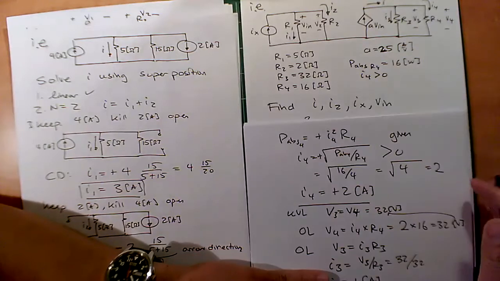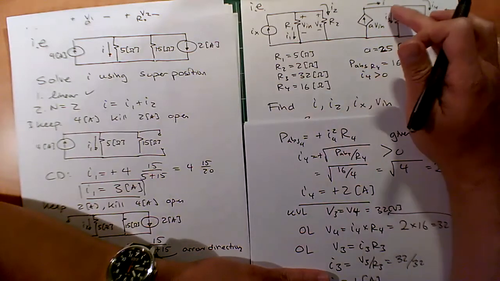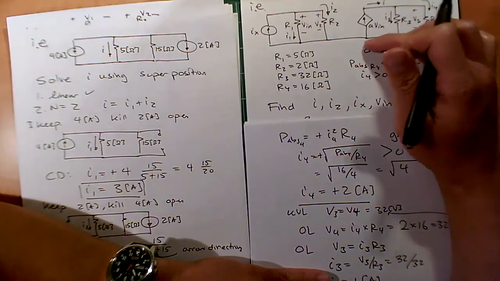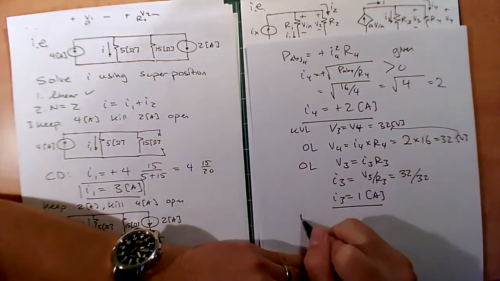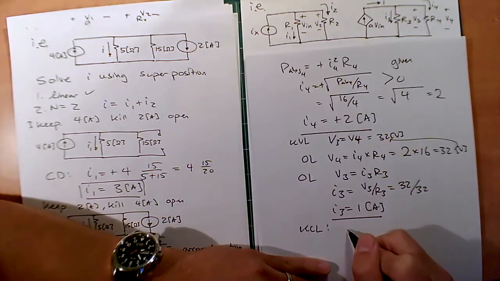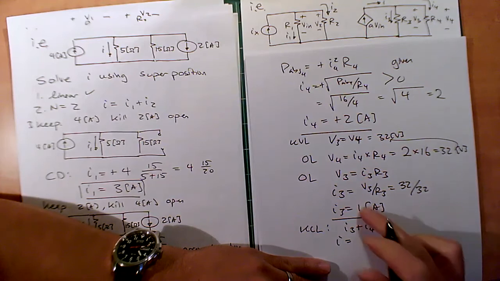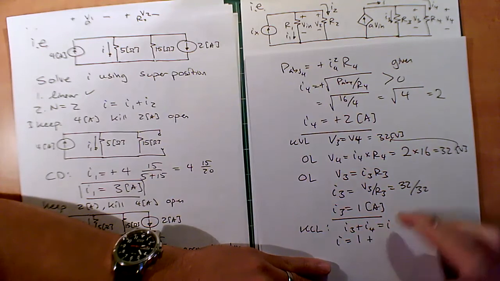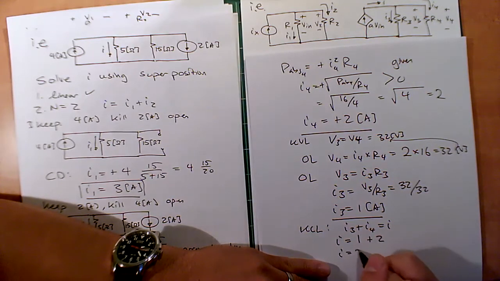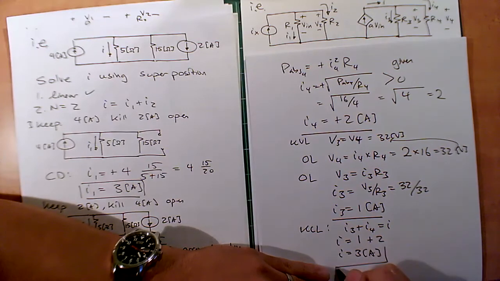So that's nice. What do we have? I3, I4, and I. By KCL, I3 plus I4 equals I. So I is equal to I3, which is 1, plus I4, which is 2. So I is equal to 3 amps. Fantastic.